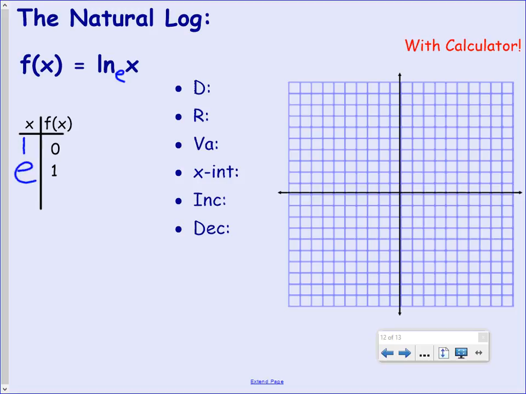So I would know to go 2.718. I could graph that (1, 0) and then (2.718, 1), and I'll have that graph, and you could answer all those questions. It'll be very similar. If they're shifting with natural log, then you can choose different values for x, plug them into a table, and get decimal values.